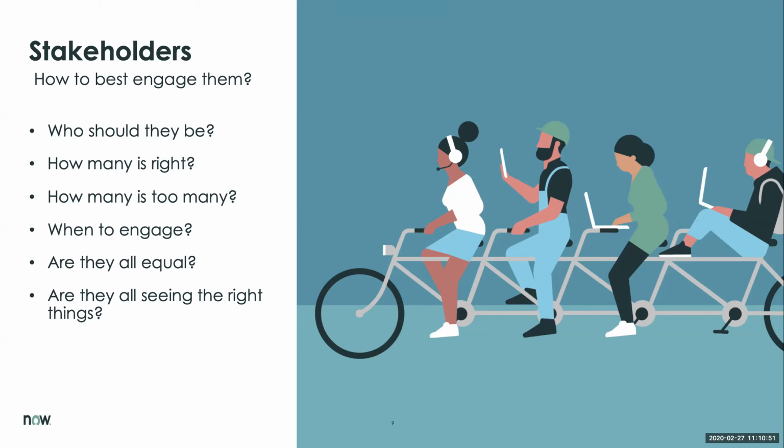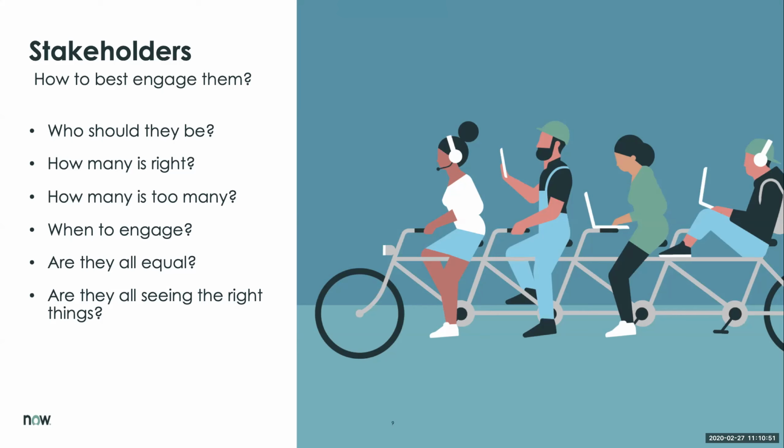We want to maybe grab input from other stakeholders, but the person who may be essentially signing the checks or is the primary beneficiary, this could be a CXO within your organization, may be someone you want to pay more attention to or weight their input higher than others. And make sure that they're seeing the right things.